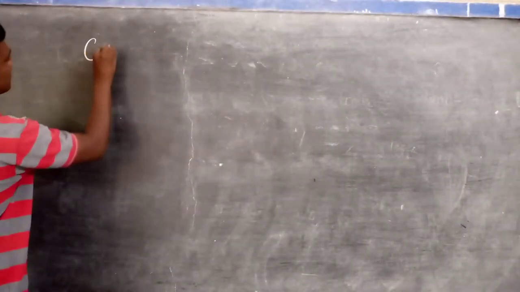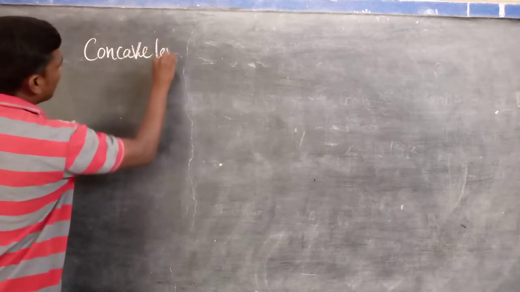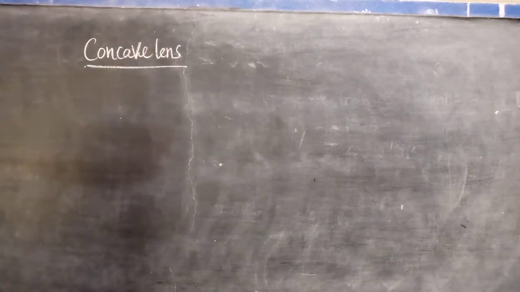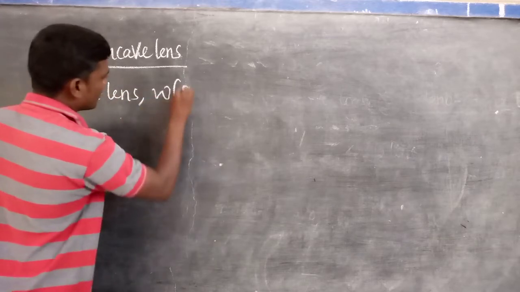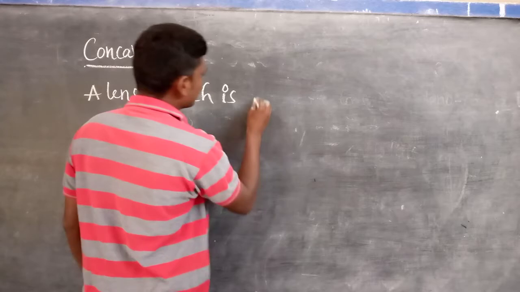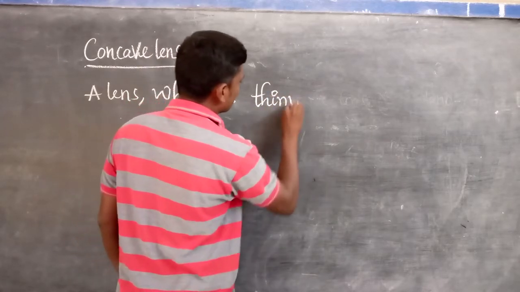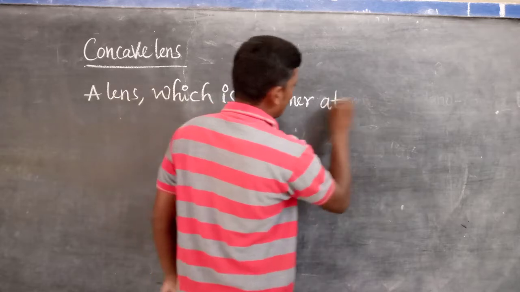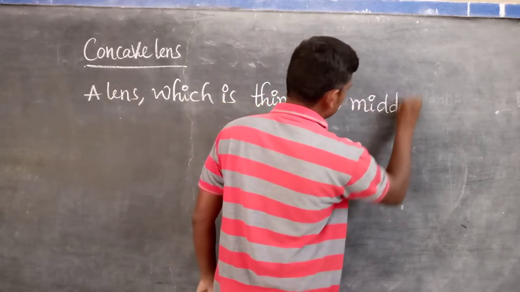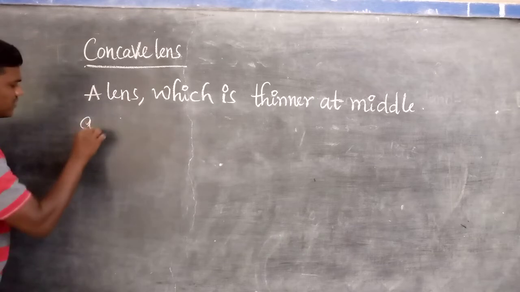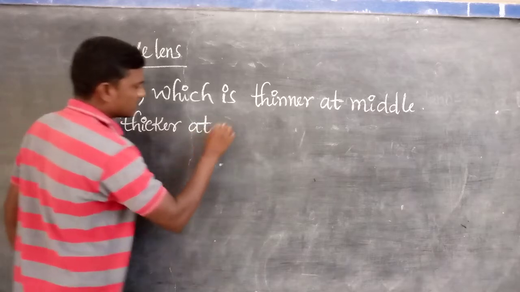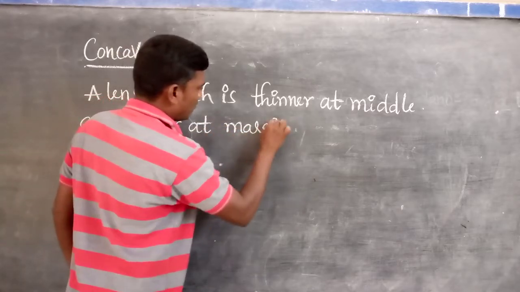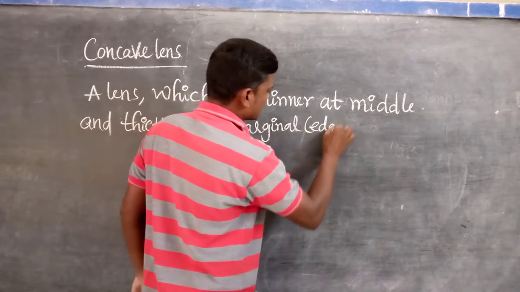Next one is concave lens. A lens which is thinner at middle and thicker at marginal or edges.